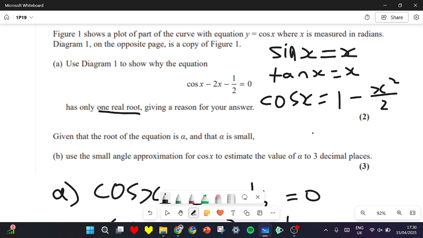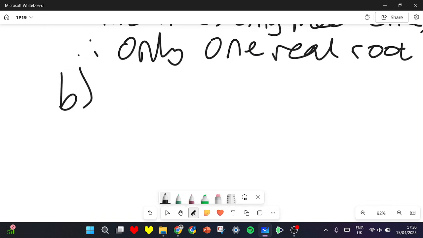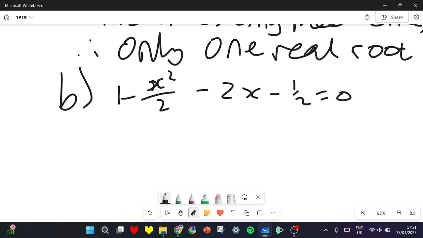So if we use that here, what you want to do is replace the cos x here with this. So if you do that, you get 1 minus x squared over 2 minus 2x minus a half is equal to 0, right?